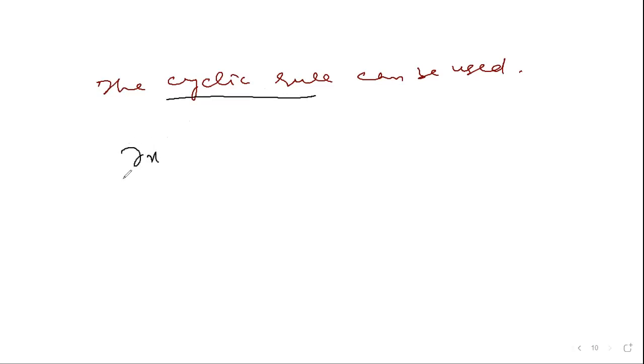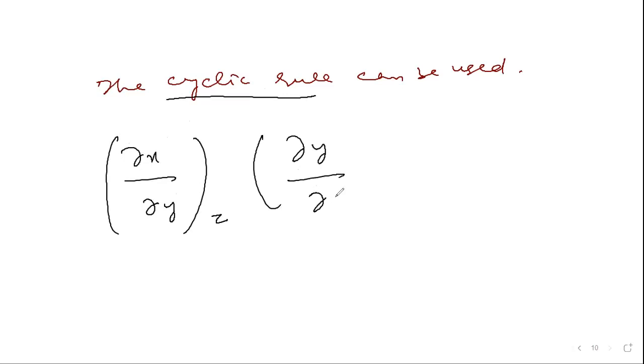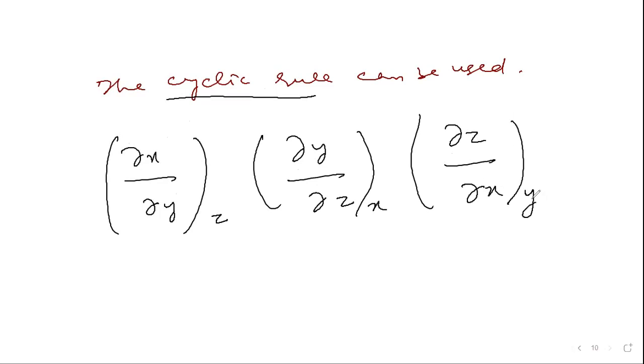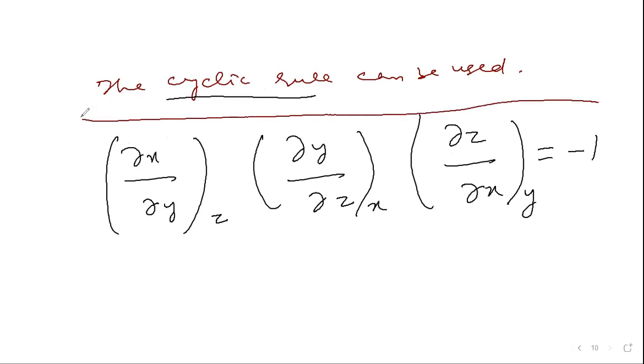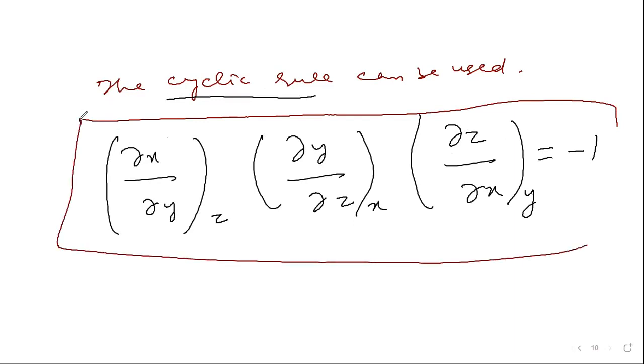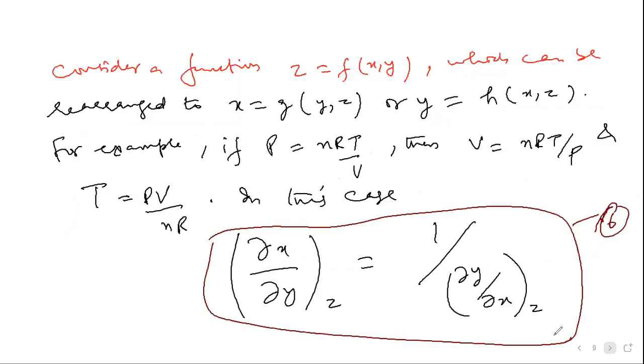You can write dou x by dou y, keeping z constant, then dou y by dou z, keeping x constant, multiply that by dou z by dou x, y constant, and this product is equal to -1. This identity, this rule, is called the cyclic rule. I named it equation 7.